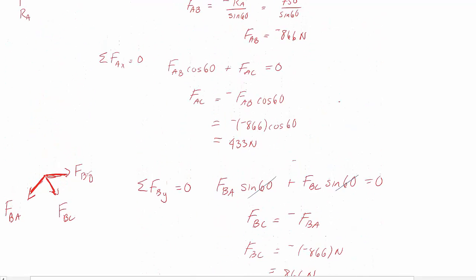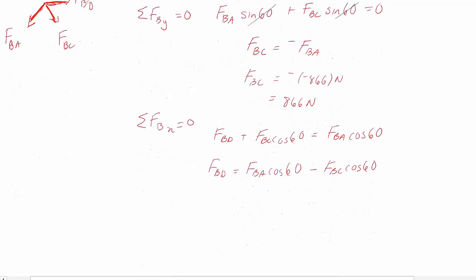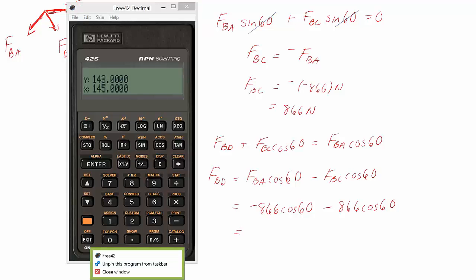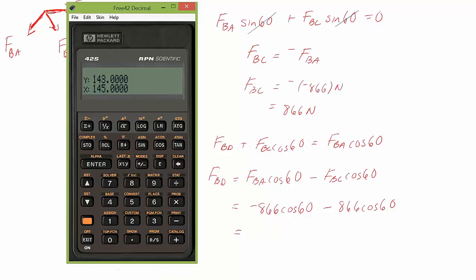So FBA, where was ours? That was negative 866. And then BC was positive. So they're both negative, so they're going to add together. So I got 866 cos 60.